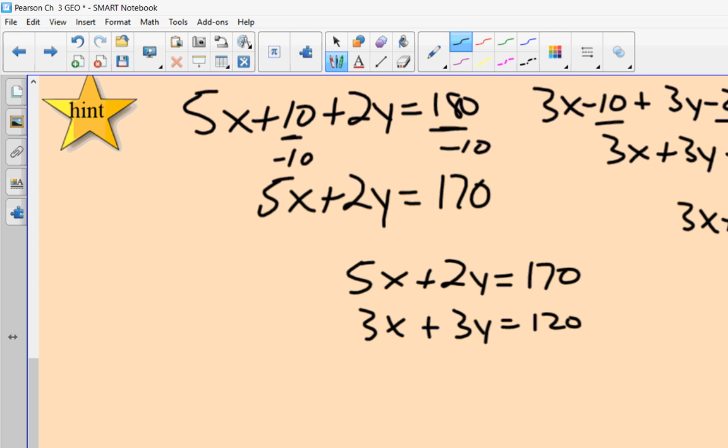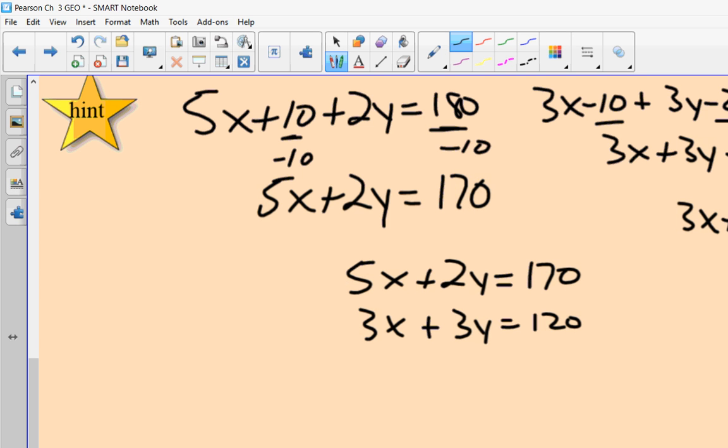First thing we want to do is decide, do you want to get rid of the x variable or the y variable, okay? And if you kind of remember, I have to do something to both equations so that whatever variable I pick, the coefficients of them have to be able to cancel each other out. So I have to make them the same value, and I have to make them different signs, okay? Because what I'm going to do is add these kind of vertically.